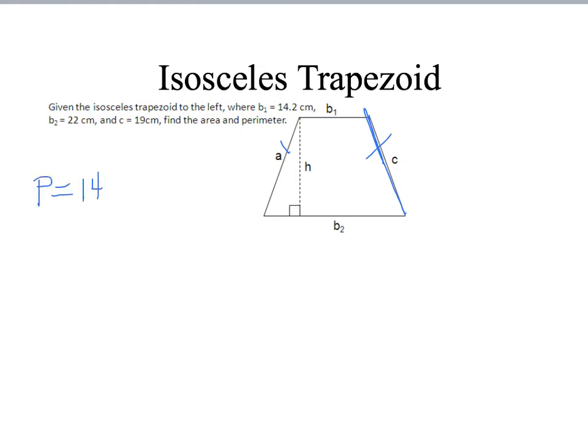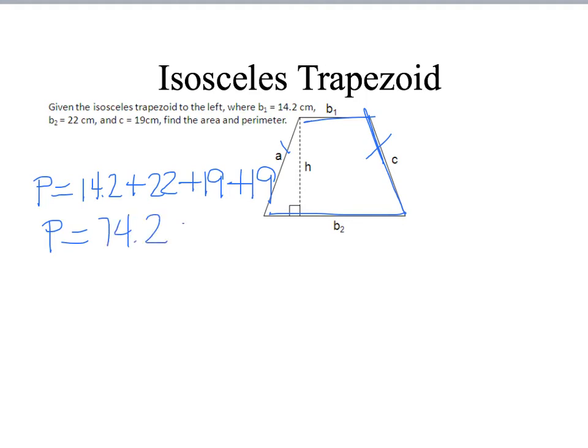So for perimeter, I'm going to add up all the sides. 14.2 plus 22, that takes care of my 2 bases, plus C is 19 centimeters, and so is A. And so when I add all of those together, we get 74.2 centimeters.